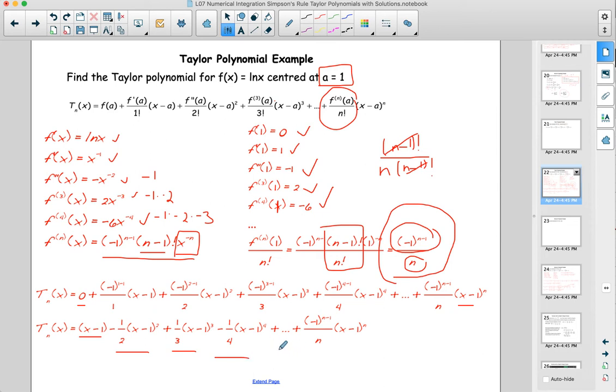And now I guess you can see the patterning, because the next one should be plus 1/5 x minus 1 to the power 5, then minus 1/6 x minus 1 all to the power 6, and however far out you needed to go based on what Taylor polynomial you were. So there is the Taylor polynomial for ln of x centered at a equals 1, written down here out to the nth order.